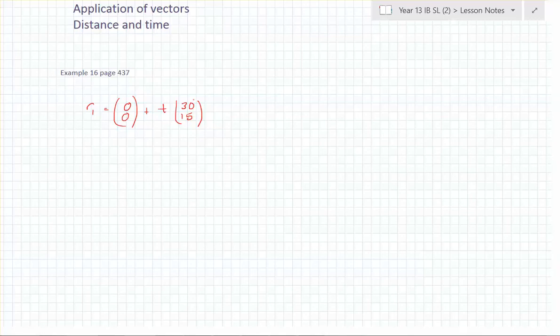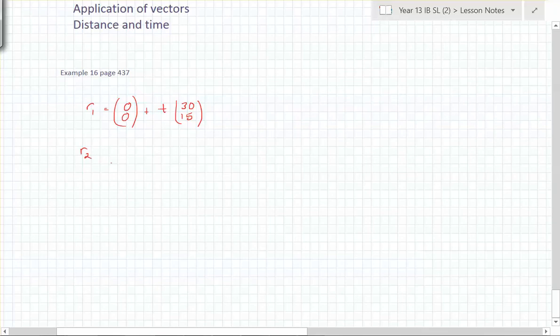Right? Now, the second boat, I'll call that R2, is given by (50, 5) plus t(10, 10). Okay. Now, what do we know, Noah, about the second boat and its position?